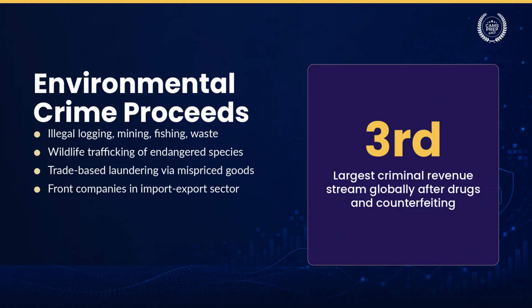These crimes are estimated to generate the third largest criminal revenue stream globally, after drug trafficking and counterfeiting. The proceeds are often laundered through trade-based methods, mispriced goods, shell exporters, and complex supply chains that cross multiple jurisdictions. Front companies in the import-export sector are a favorite vehicle. The legitimate appearance of international trade provides cover for moving both the illicit goods and the criminal proceeds.